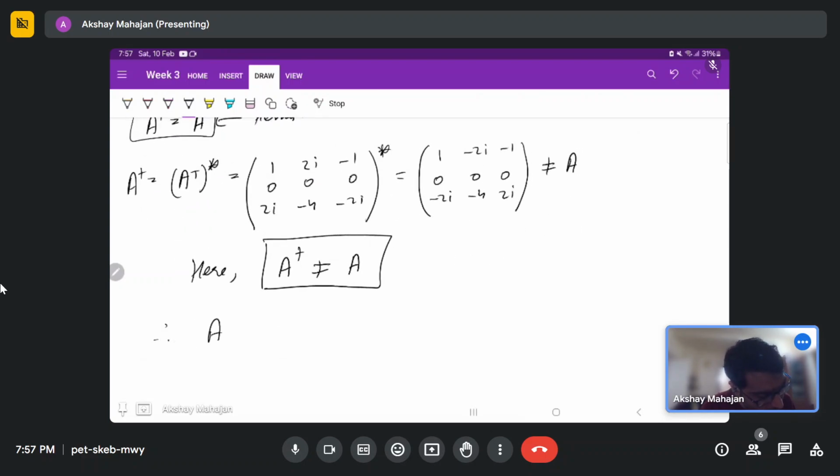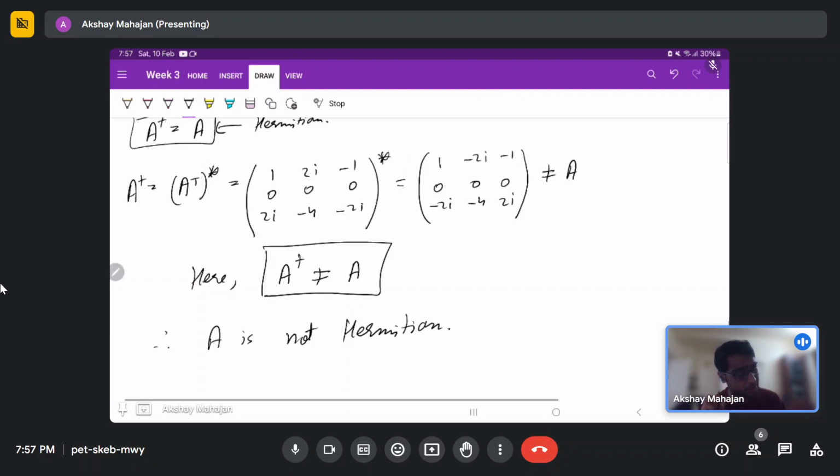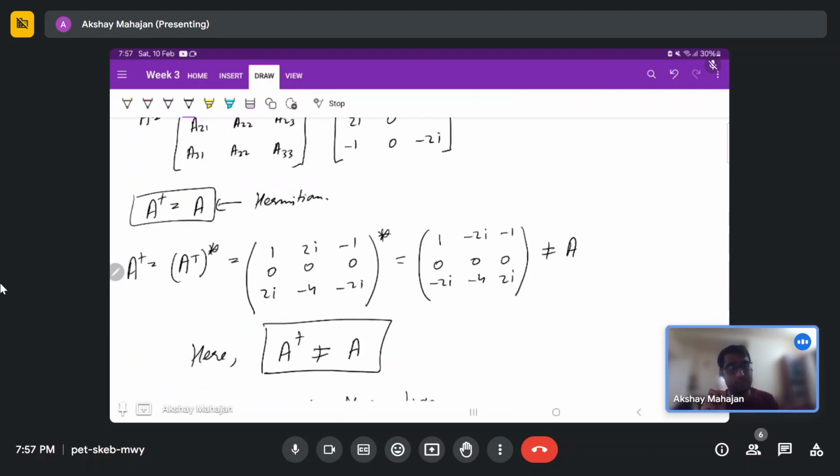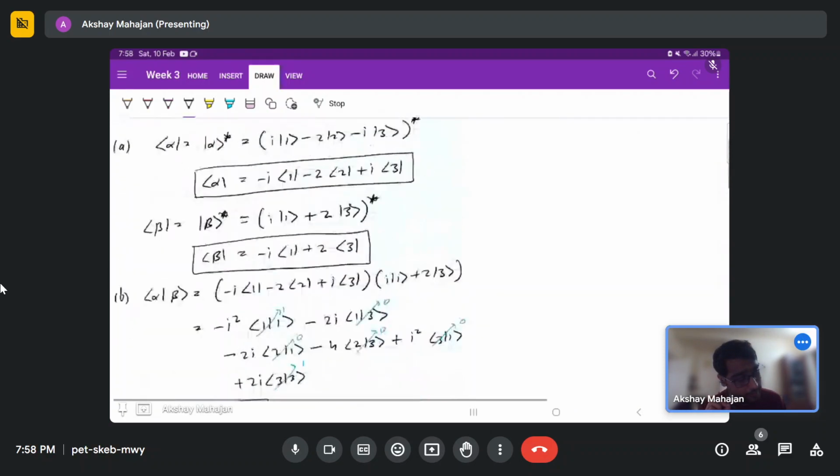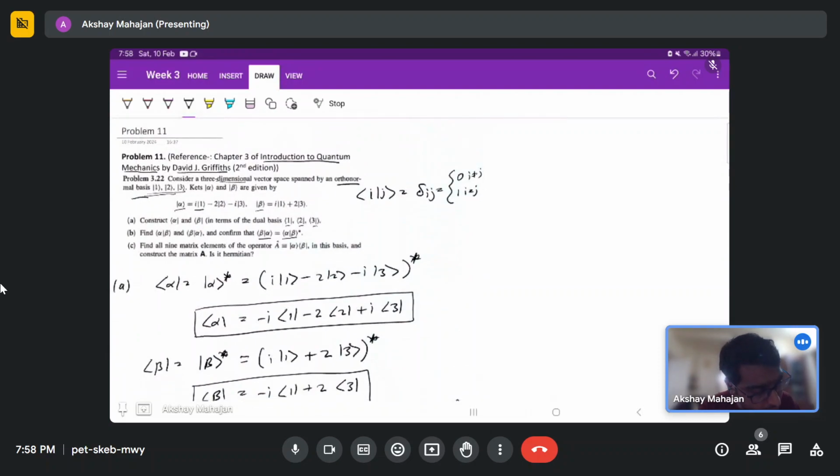Therefore A is not Hermitian. Alright, so to prove Hermitian, you take the transpose of the matrix and you take the complex conjugate. So this was our problem number 11.